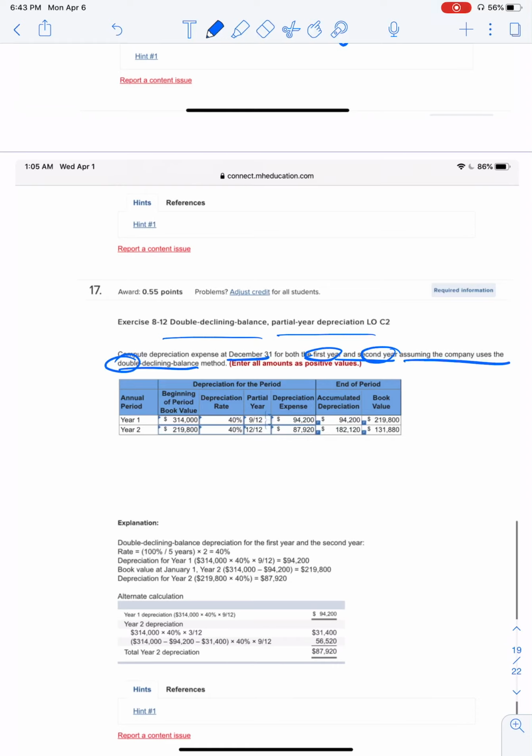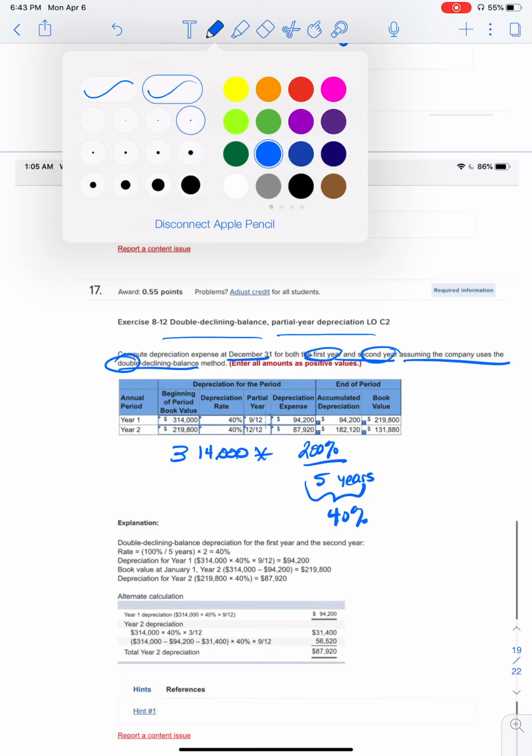So in this case, what we're going to look at is the beginning of period value, $314,000, times what ratio? Well, this will be 200% divided by 5 years, which this right here could just be rewritten simply as 40%.